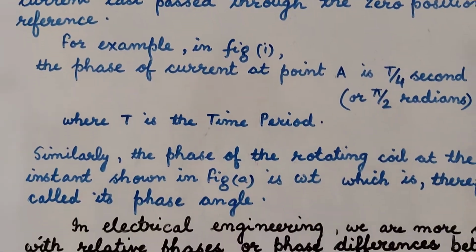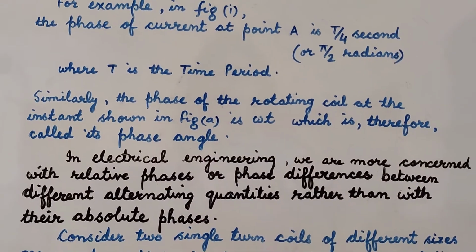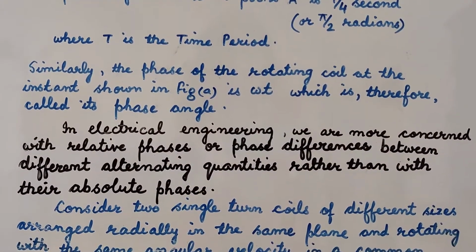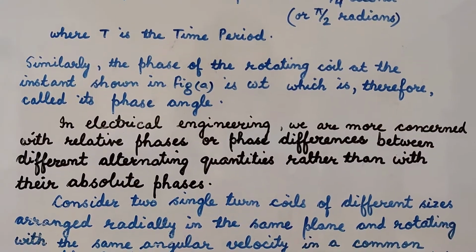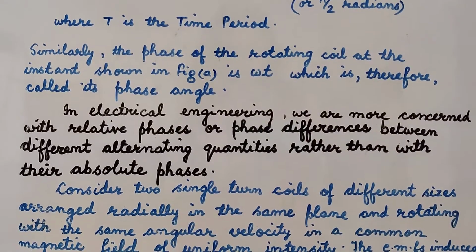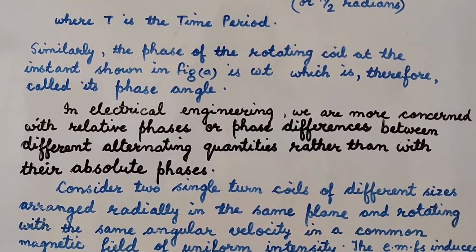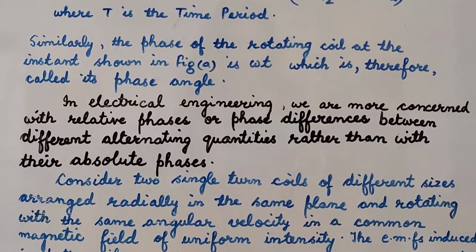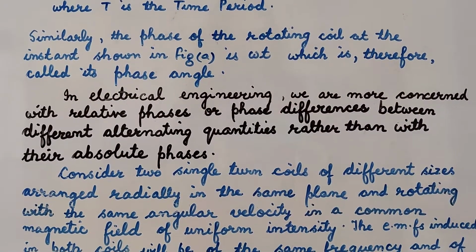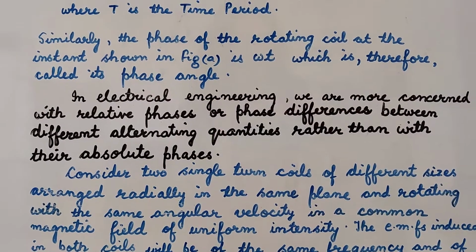Now in electrical engineering, we are more concerned with relative phases, that is, the phase difference between different alternating quantities, rather than with their absolute phases. So we are more interested in phase difference than in the absolute phase of any alternating quantity.